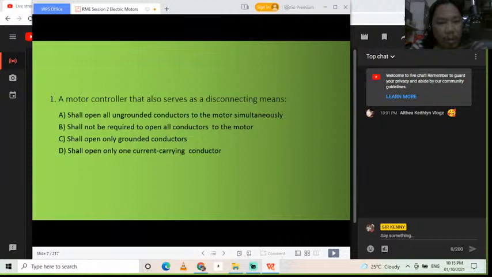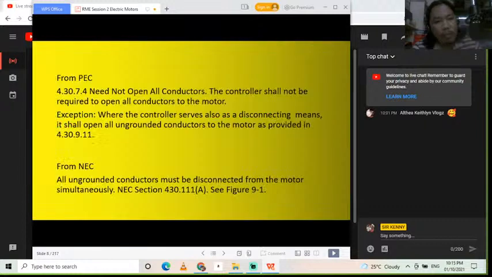Only one current carrying conductor. So, alin po diyan? So, correct answer po natin dyan ay letter A. Disconnecting means. So, yun po ang ibig sabihin nun. So, motor controller serves as a disconnecting means. It shall open all ungrounded conductors to the motor simultaneously. So, saan po ba natin nakuha yan?